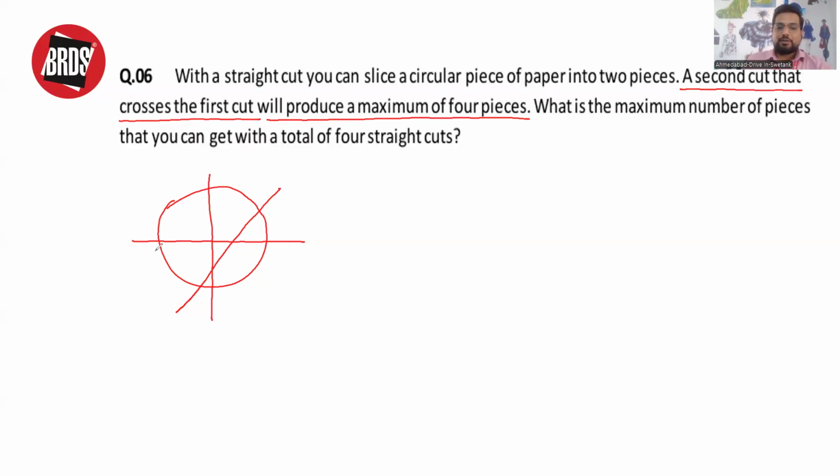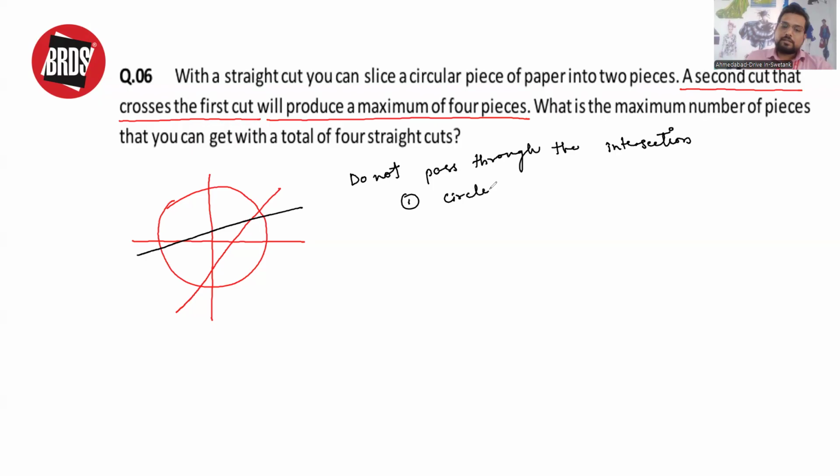It should have been drawn in such a manner that it is cutting the first line, the second line, and also the third line, like this one. Remember this thing: do not pass the fourth line through the intersection of the circle and any line, or maybe two straight lines.